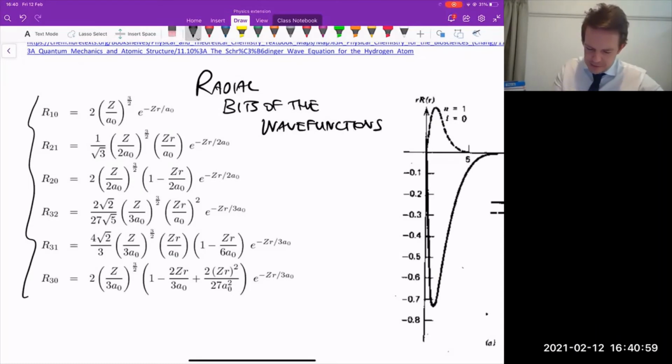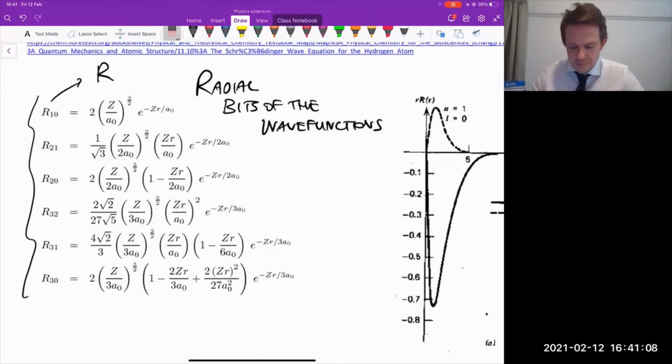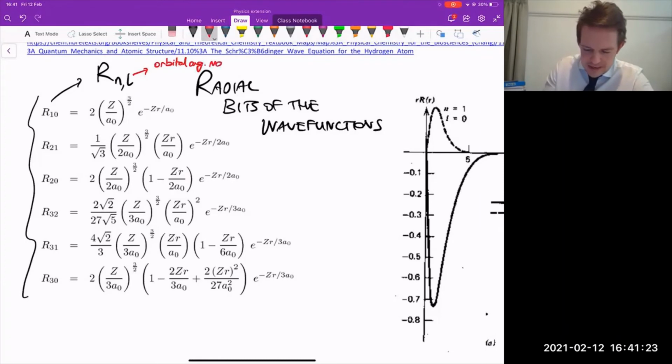Whereas for these, there are 2 numbers, R10, R21. Because the hydrogen atom is more complicated and the electrons have orbital angular momentum, you have to label them with n, which is called a principal quantum number, and L, which is to do with the orbital angular momentum of the electron.